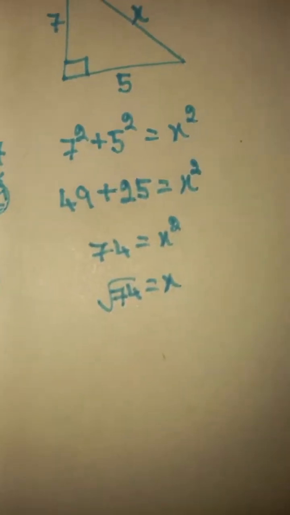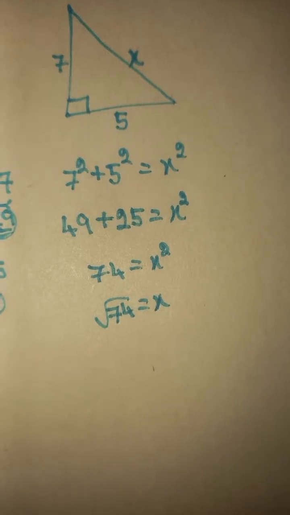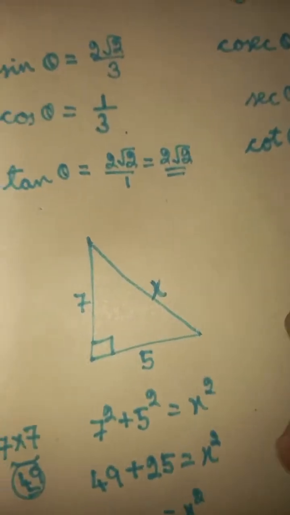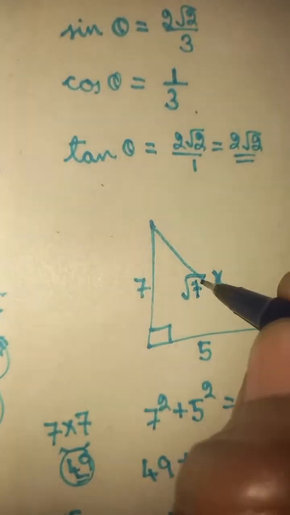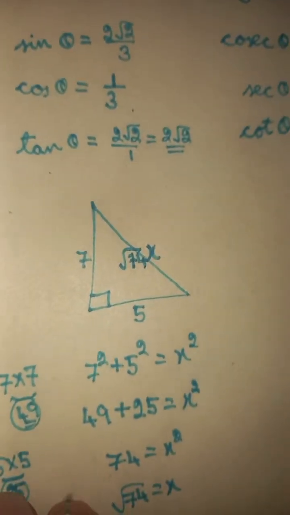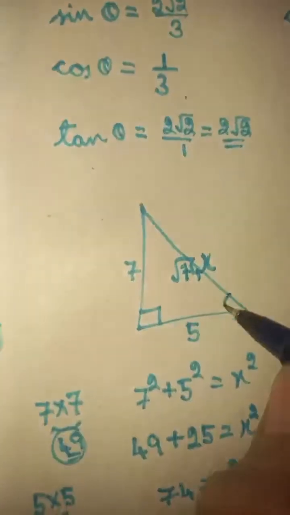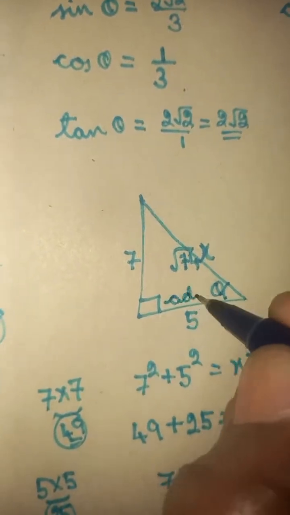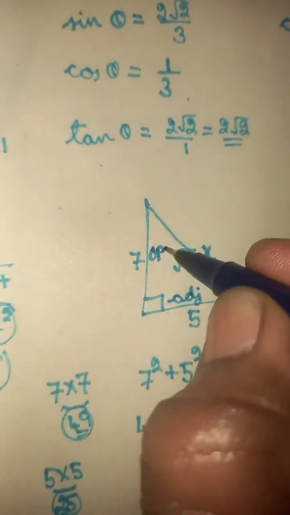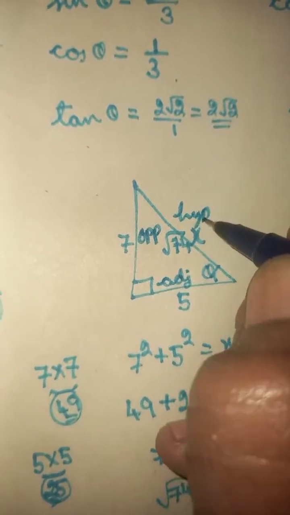Now you can find the different values of them. This root 74 is the hypotenuse value. Here this angle is theta, this is adjacent, this is opposite, and this one is hypotenuse.